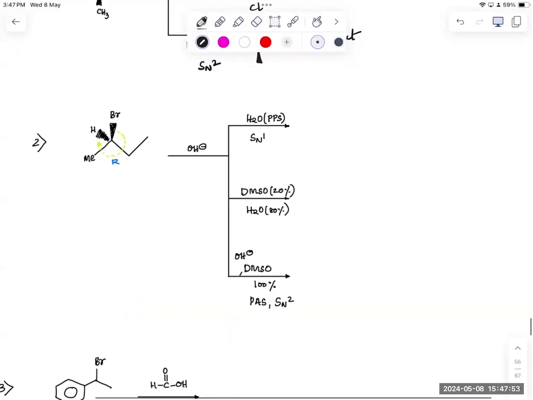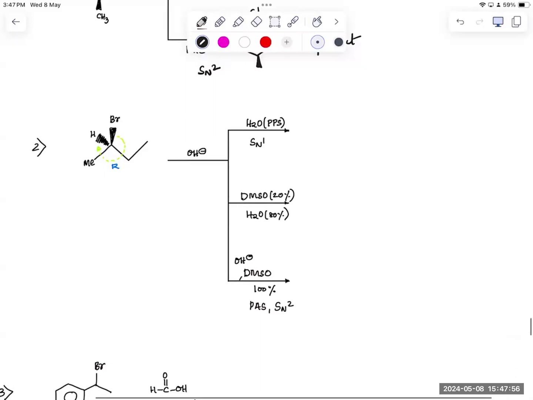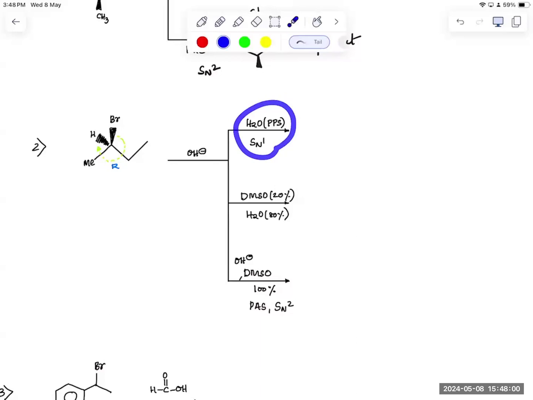Next, check out the first case. If you take this position Br with water only, SN1 will happen. So it can give OH here, methyl here, like this with a chiral center, and plus and minus both will form.